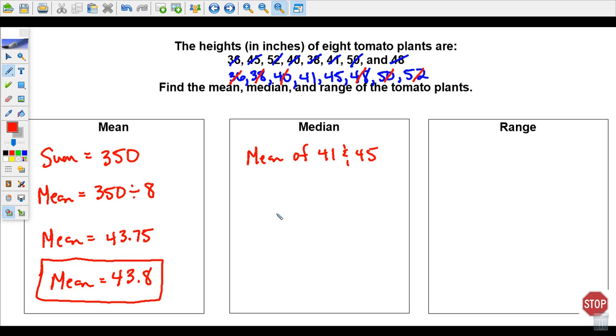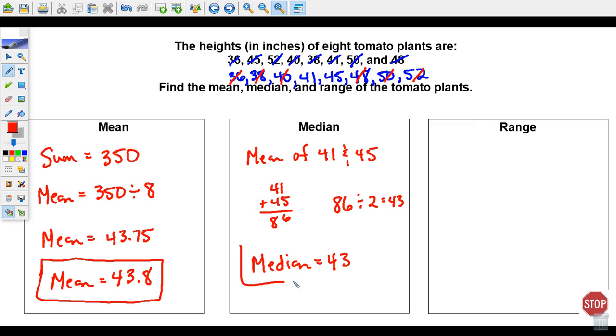That's going to be my median in this case. So I'm going to add 41 plus 45, and that gives me 86. And then I have to do 86 divided by 2, which is 43. So the median in this set of data, the middle number for these 8 tomato plants is 43.